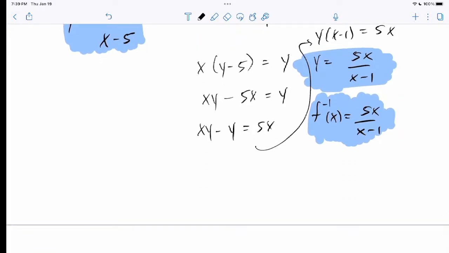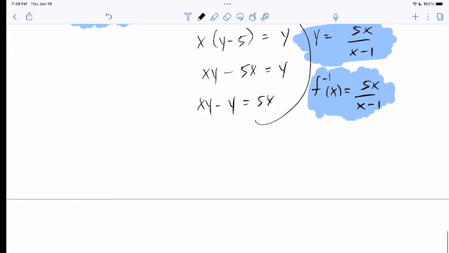Okay, is this good? Those of you who are asking, do we get this inverse?